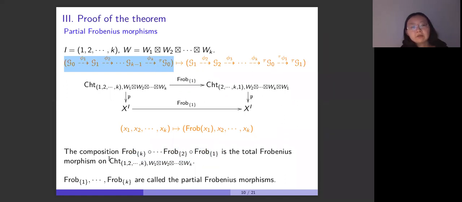So you're back to the same stack of shtukas. In the middle, you pass through some other stack of shtukas, but at the end you return to your original stack of shtukas. That's why these morphisms are called partial Frobenius morphisms, because their composition is the total Frobenius morphism.